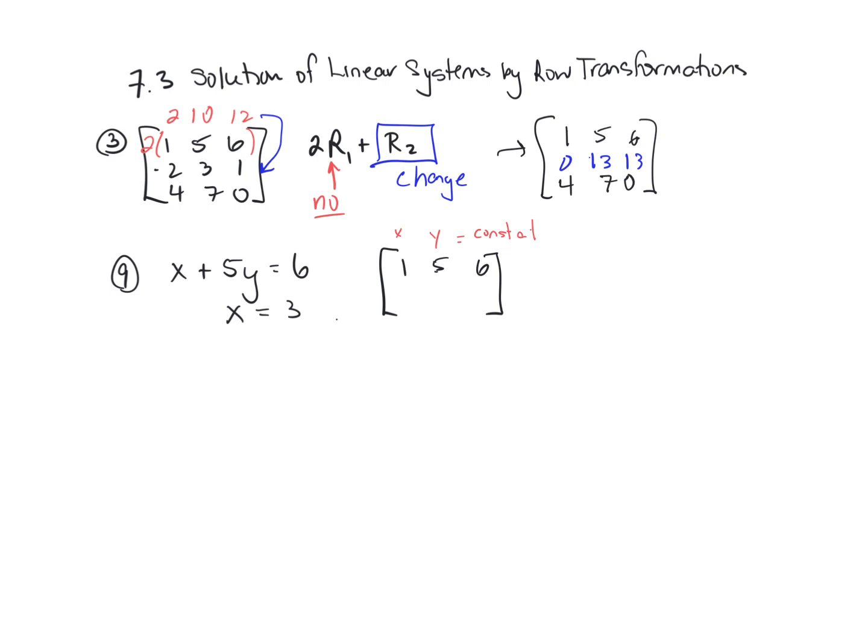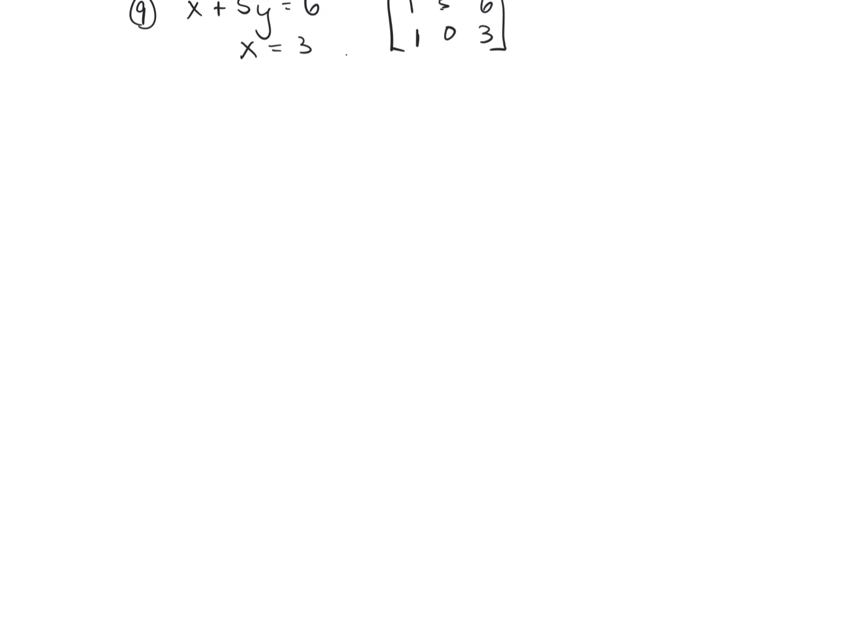All right, our second row, we don't have a y, so y will have a coefficient of 0. X is 1, and our constant is 3. And that is what the augmented matrix looks like. We're going to do the same thing for number 11, except now we've got 3 variables.